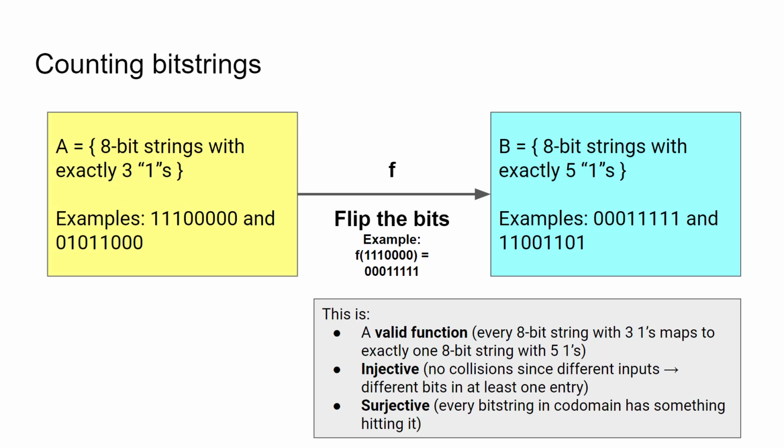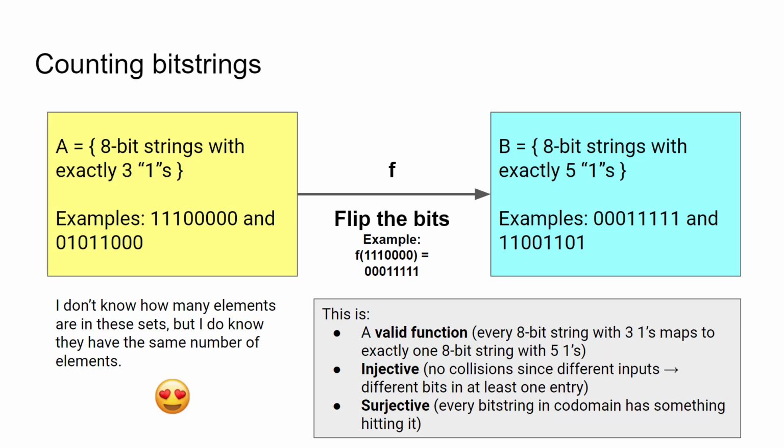So this bit flipping function is a bijection between the sets, and that means that there are exactly the same number of 8-bit strings with 3 1s as there are 8-bit strings with 5 1s, even though we still don't know how many those are.